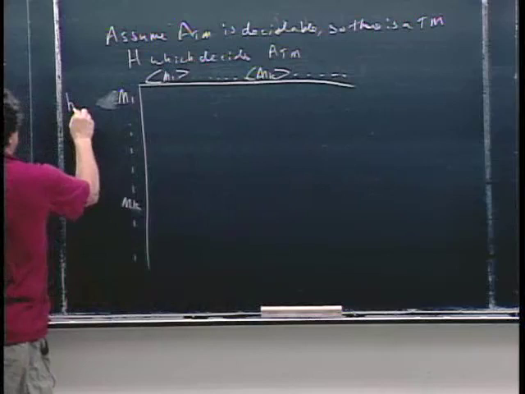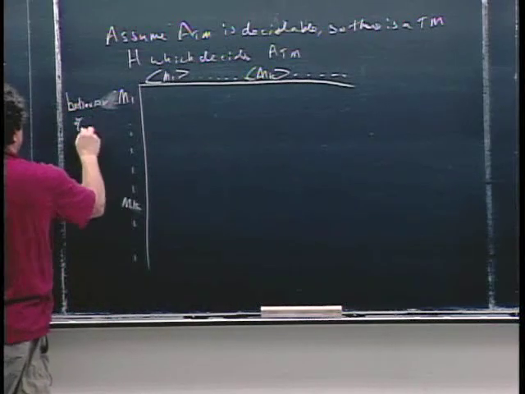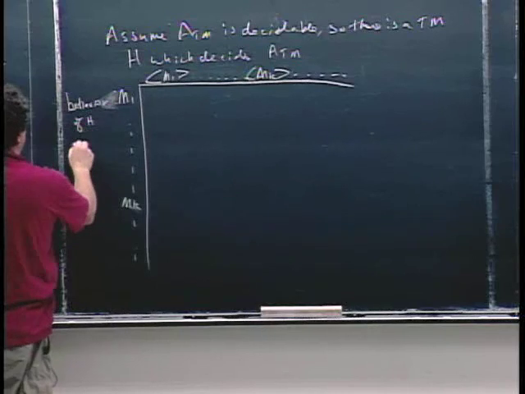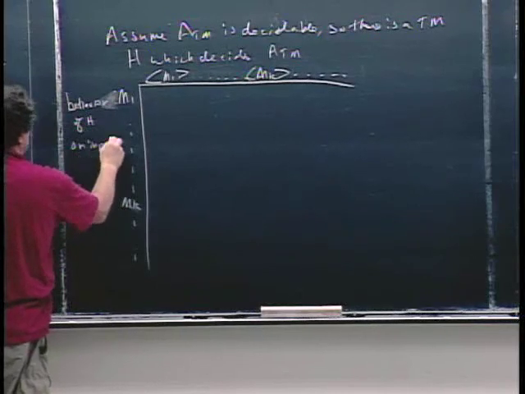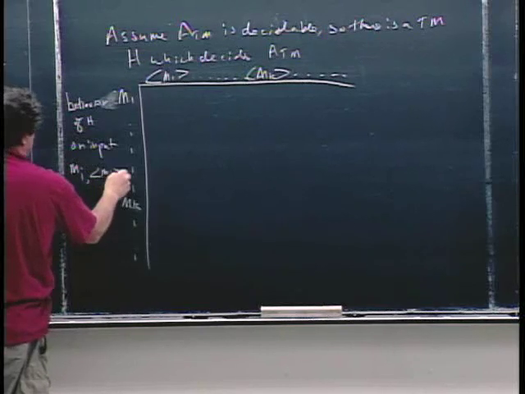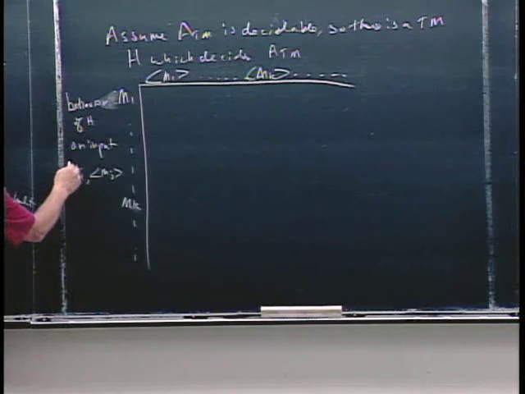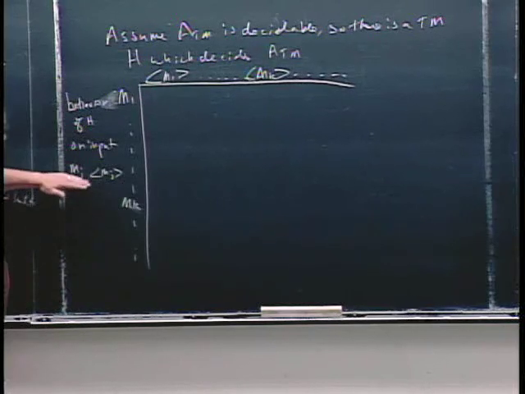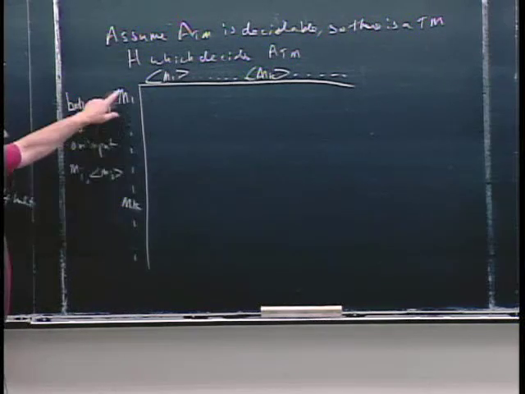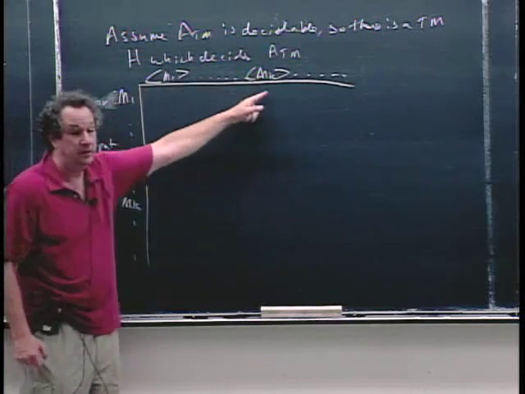So this is the behavior of H on input MI, MJ. Anyway, if it's given Turing machine MI and then the description of MJ, this is what it gets in the first component and what it gets in the second component.